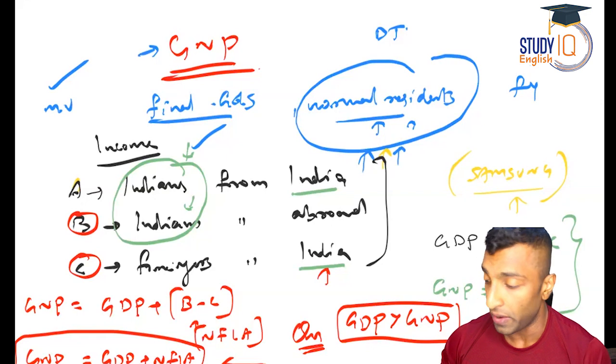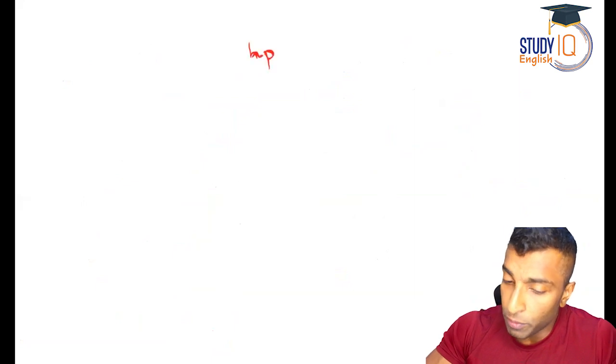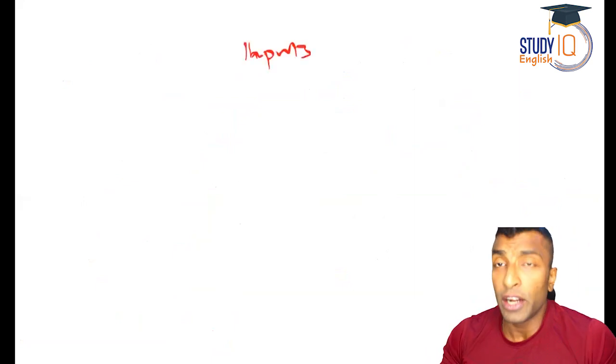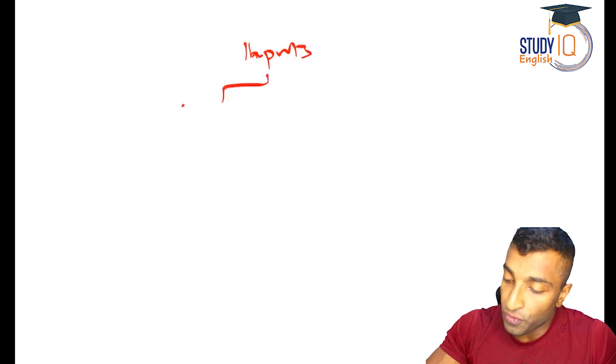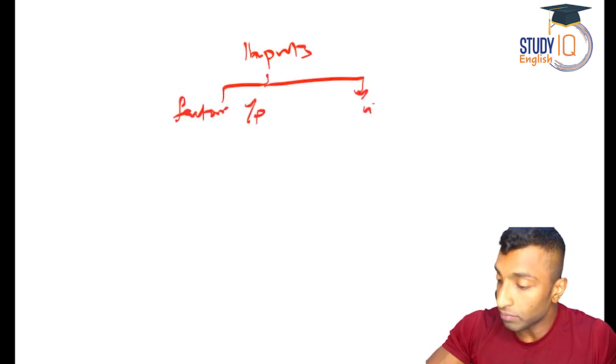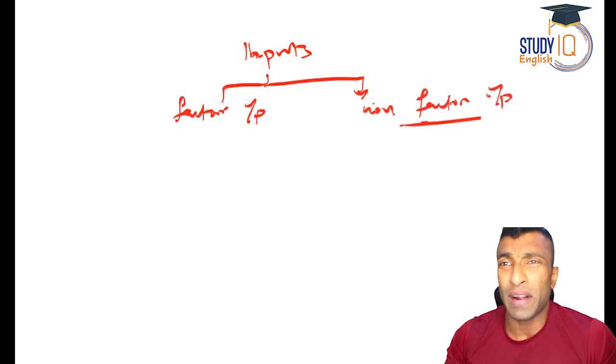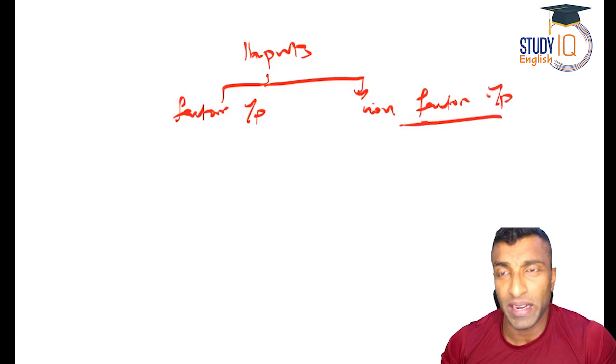GDP plus NFI. Now, why is it called factor income? Guys, I'll just talk about this also. If you see the inputs, there are two types of inputs: factor inputs and non-factor inputs. Non-factor inputs are all other inputs like raw materials and everything.